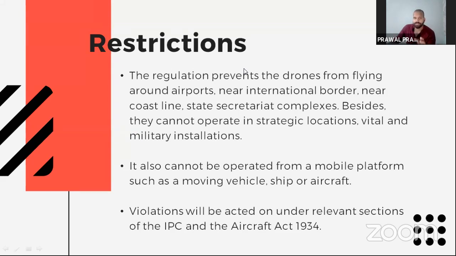And most importantly, if you are in a car or ship, or you are moving, and from that moving place you are flying a drone, not allowed. Whenever you are flying a drone, you have to stay at one position. Okay, and if you violate any of these laws related to restrictions or permission or anything, under the Aircraft Act 1934, police can arrest you.